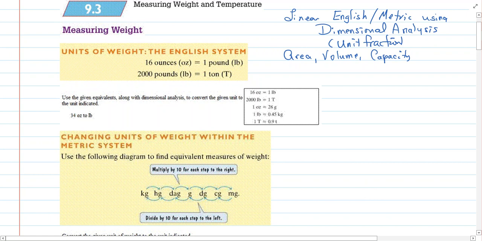And now we're at the last, which is weight, temperature.